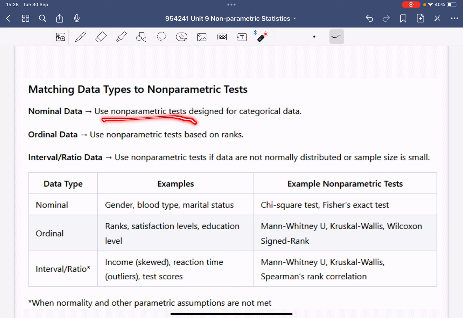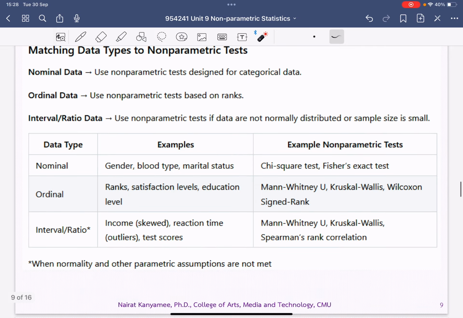non-parametric tests. For ordinal data, we also use non-parametric tests because they are not numbers. You cannot use parametric tests; you cannot compare the mean. And for interval or ratio data, we use the non-parametric test only if the data are not normally distributed or the sample size is small.